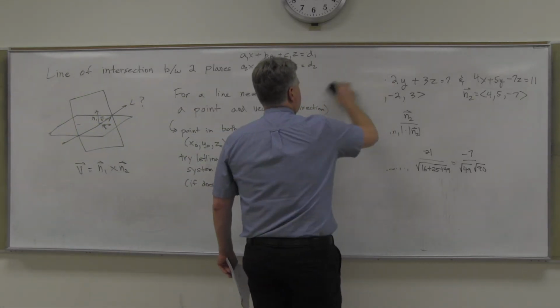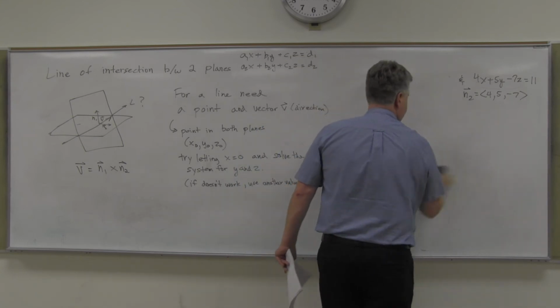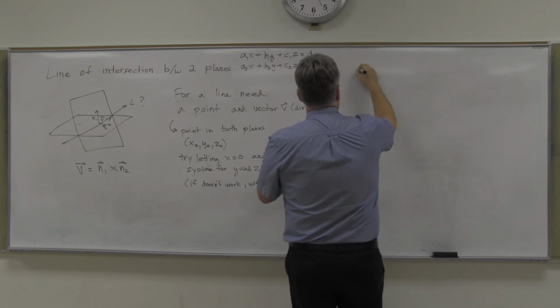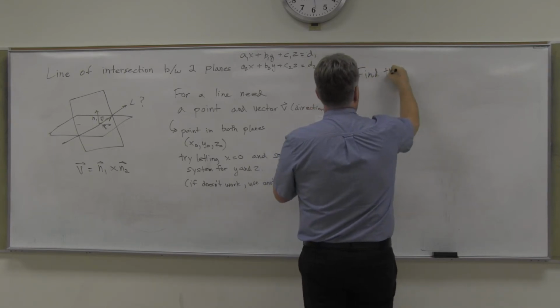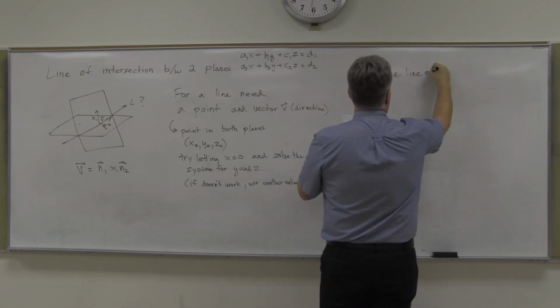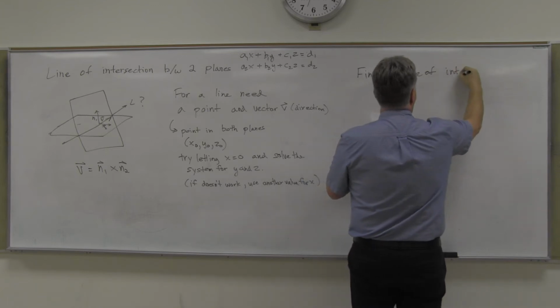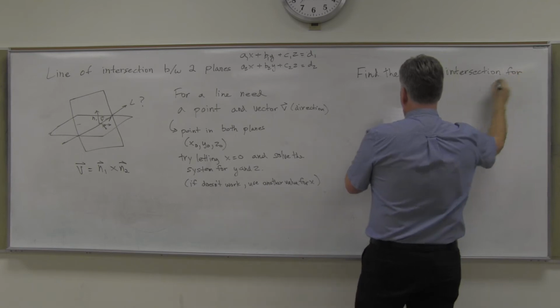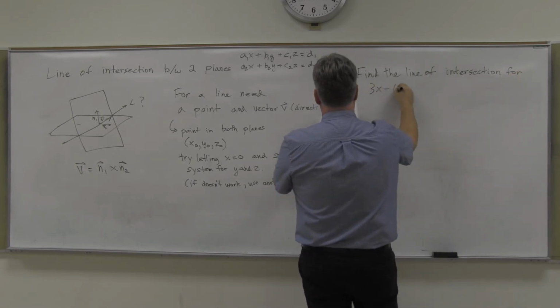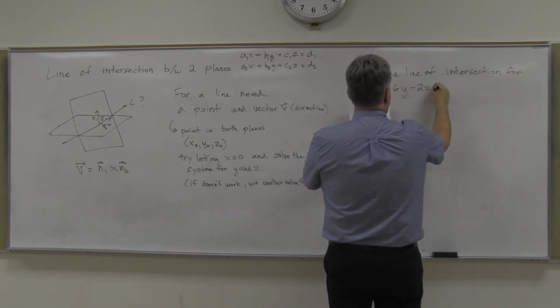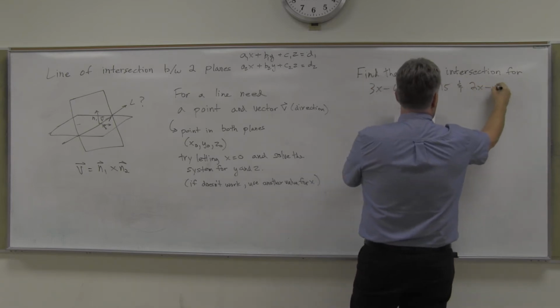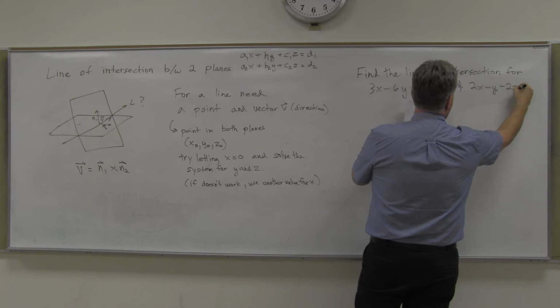Let's try it. Find the line of intersection for 3x minus 6y minus 2z equals 15, and 2x minus y minus 2z equals 5.